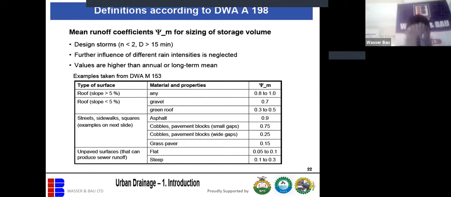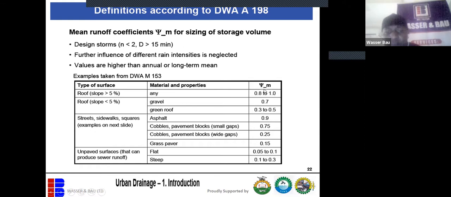Okay, so we're moving close to starting our design. Then I told us something about peak runoff coefficients, depending on the degree of paving. So here, the peak runoff, if you watch here, you see that roof is about between 0.8 and 1.